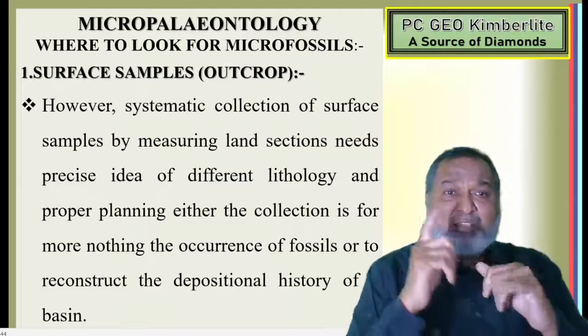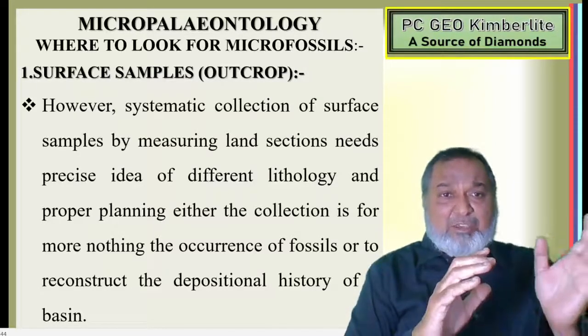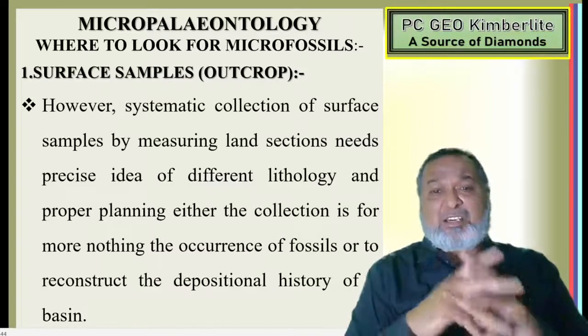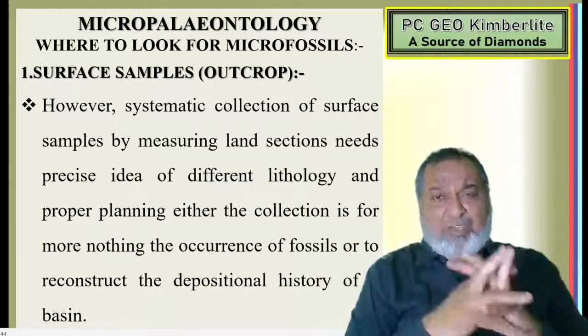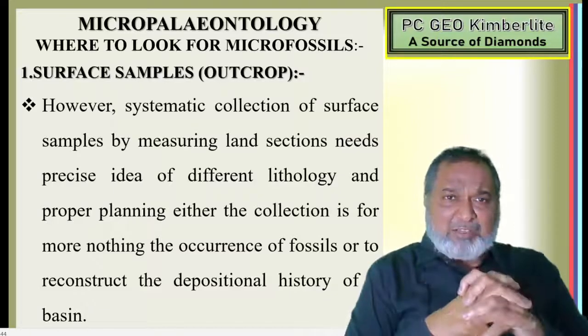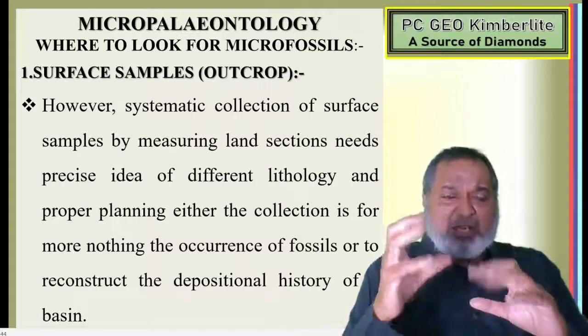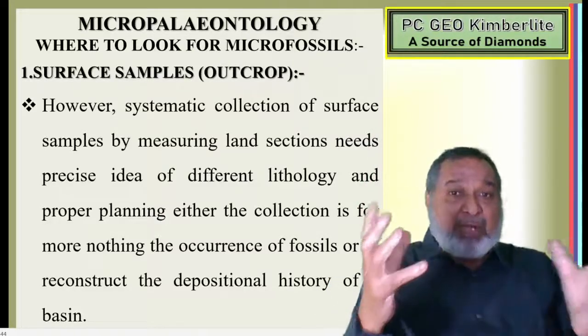So you have to make a proper plan, whether the collection is for noting the occurrence of fossils or to reconstruct the depositional history of a basin. Should you just go on collecting microfossils, or, once you collect them from each bed, what will be your aim?